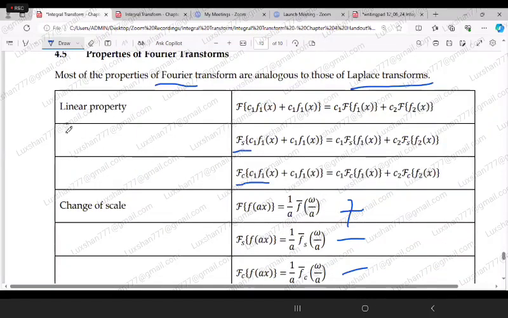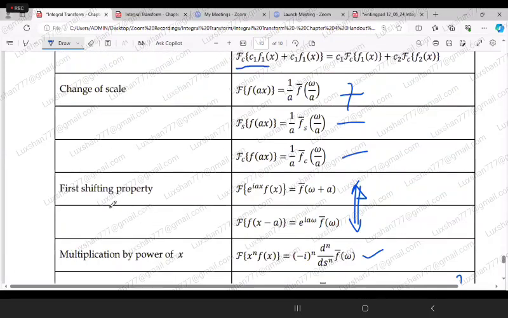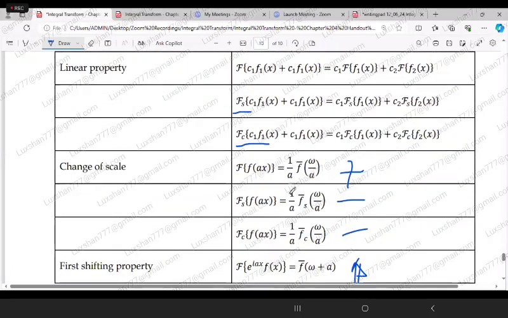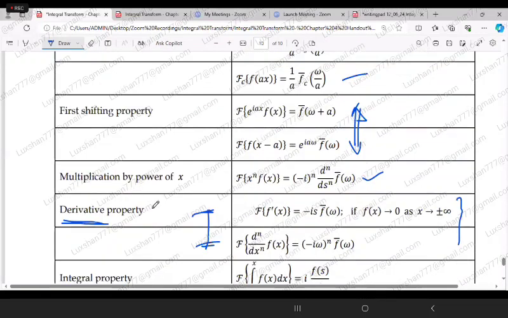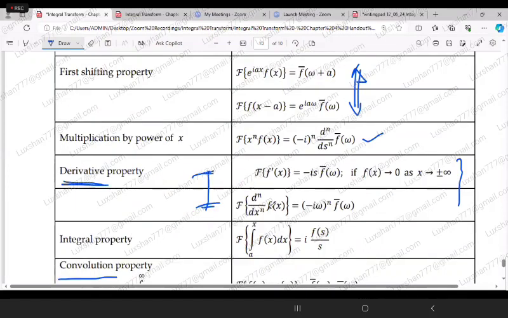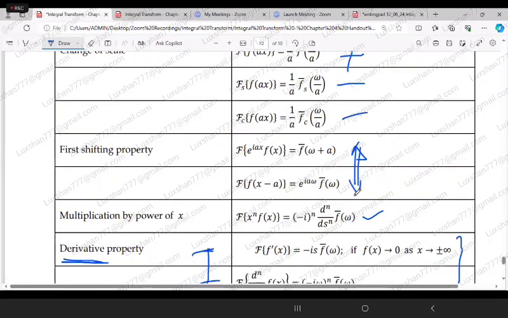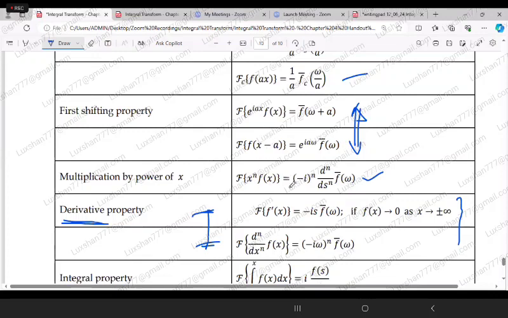The linearity property and change of scale property are applicable for sine transform, cosine transform, and complex transform. But the first shifting property, derivative property and some others are only for complex transforms. You don't need to memorize these, but you must know the derivative property well, because we will use it.